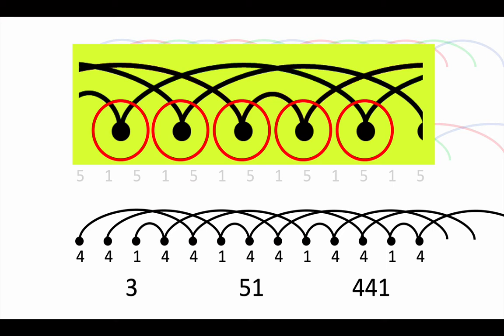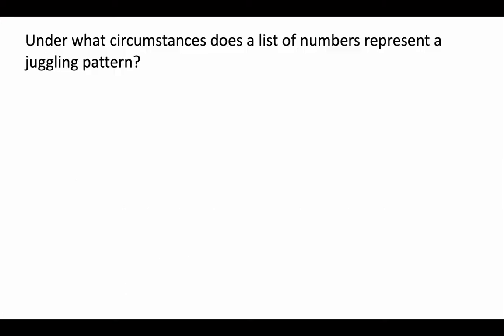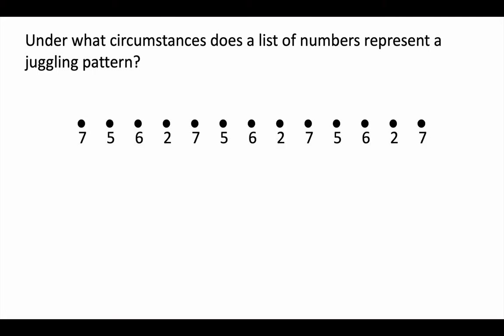Let's look at some other things and look at the fundamental question: when can a list of numbers represent a juggling pattern? Here we have 7562, 7562. Will this represent a juggling pattern, what we'll call a Siteswap later? Well, we'll draw an edge from the first vertex out 7 vertices later.